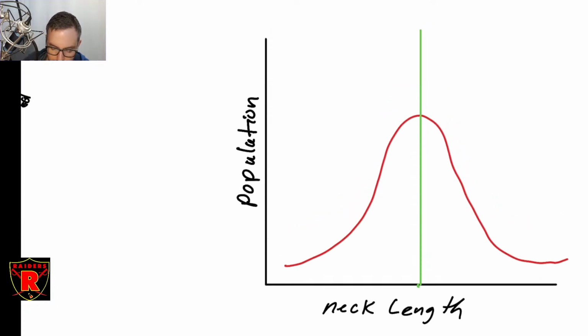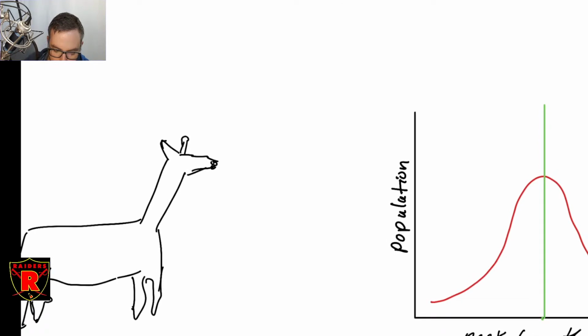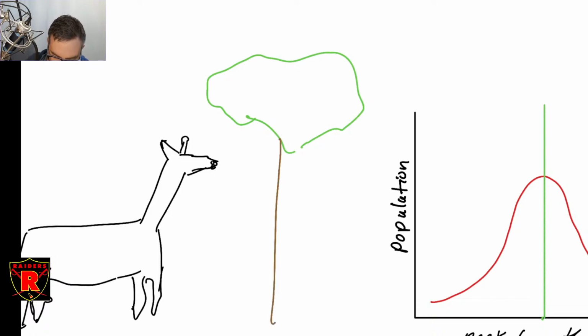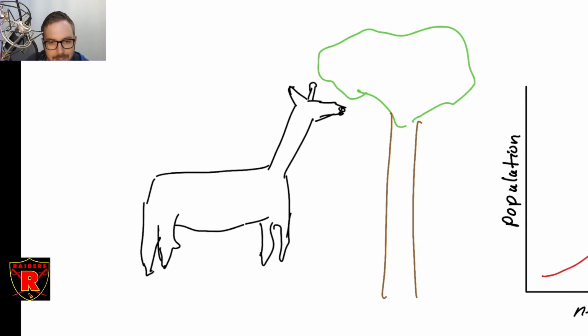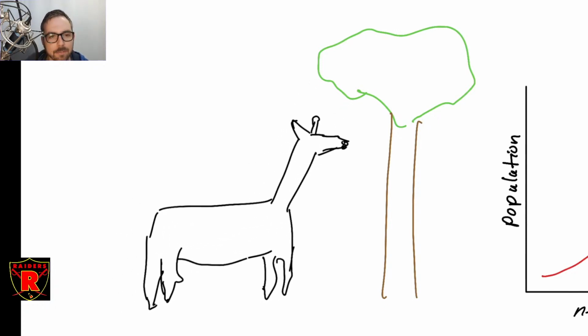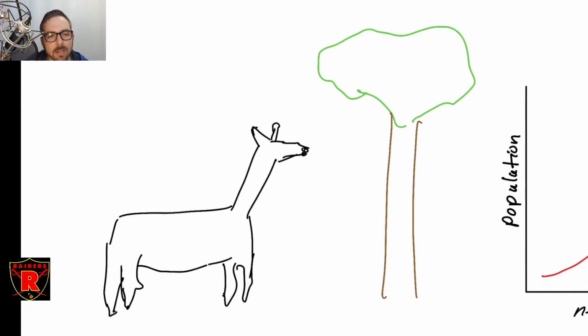If their food source is a really tall tree, what you'll notice is that the really tall giraffes, or the ones that have the longer neck, are able to reach up and get that food. But the smallest giraffes, the ones that only have their neck this long, are not going to be able to reach that food.